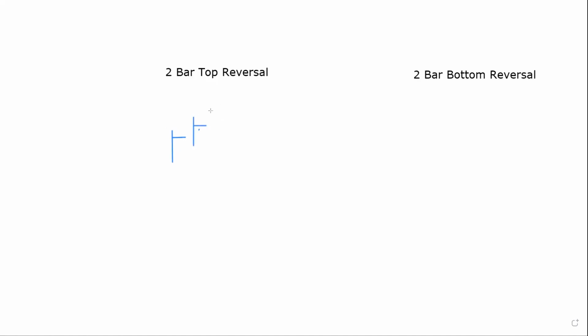And then we have a third one here. So we are predominantly in an uptrend. And then we have a 2-bar top reversal, which will be the same as this one.